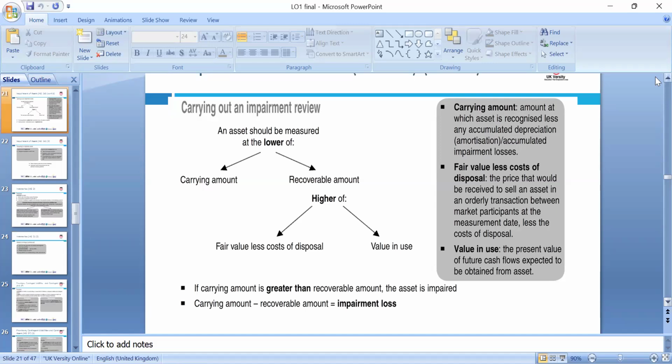If the carrying amount is greater than the recoverable amount, the asset needs to be impaired, and we have an impairment loss.